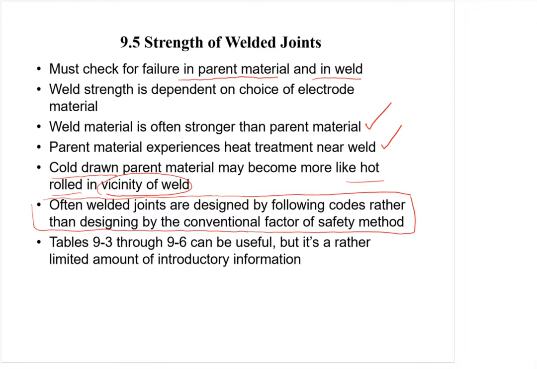As a result, they have some tables here, but tables 9.3 and 9.6 are useful, but really limited. Like I said, there's a whole society set up around this, and there's enough books to fill a small building on welding codes. So there's really not much that you can put into a chapter like this.